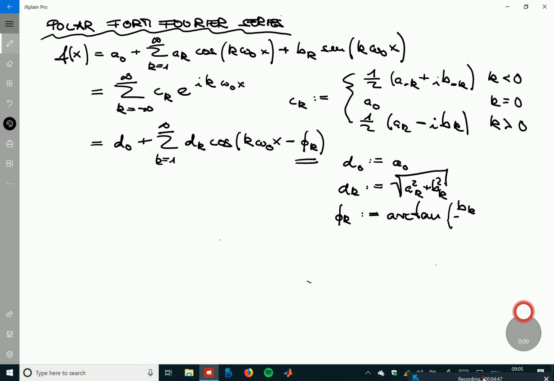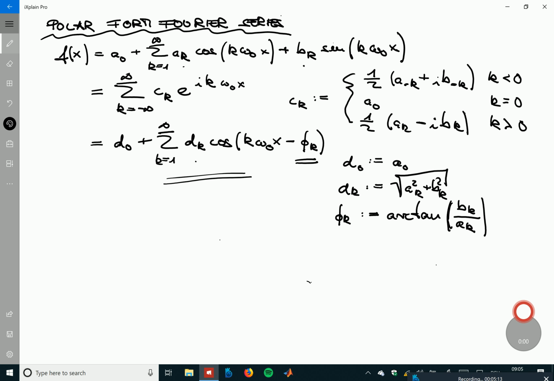So if you feel unsure about the arctan function, have a read again of the sets and functions bit of the script. So it's the inverse of the tangent function of the ratio of bk and ak. So the point again is, if we know ak and bk, we can compute the dk in this representation.